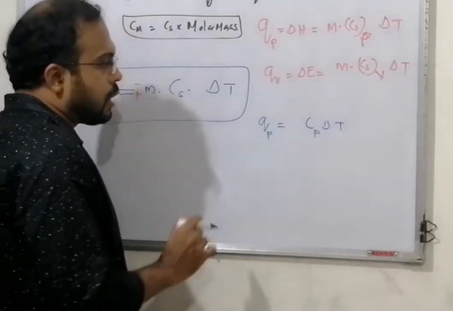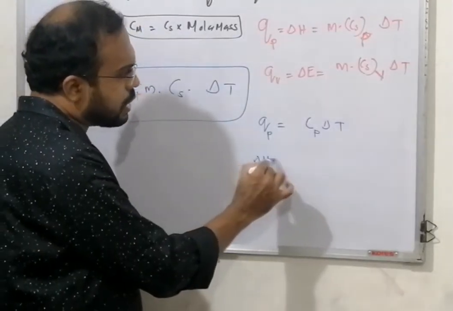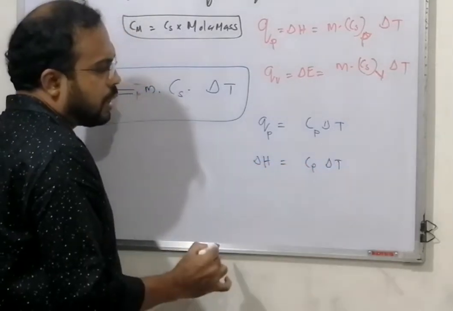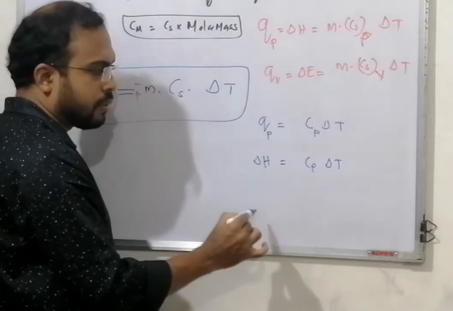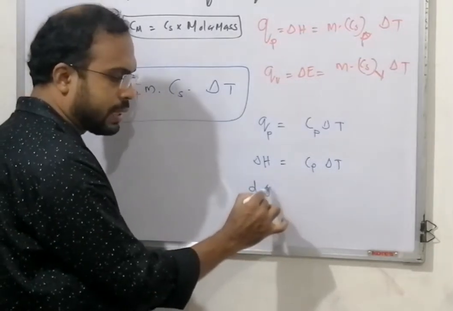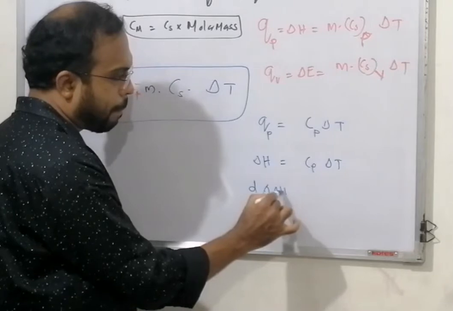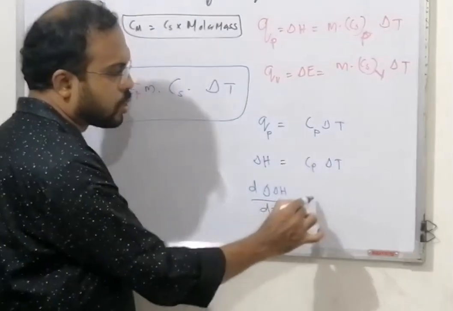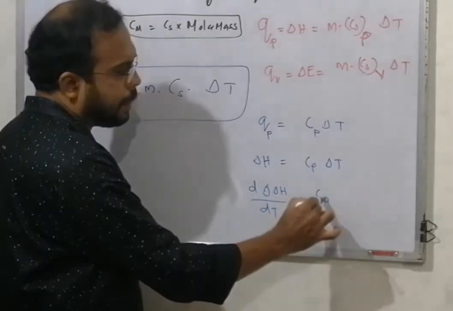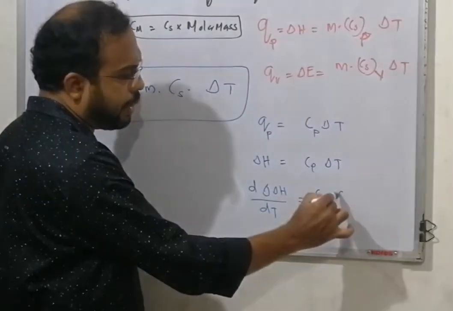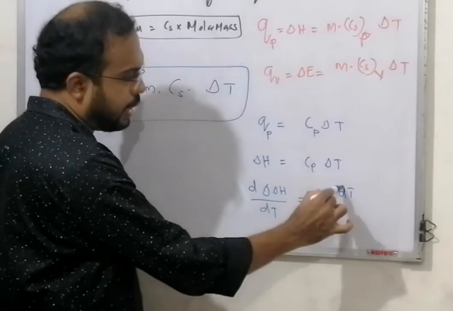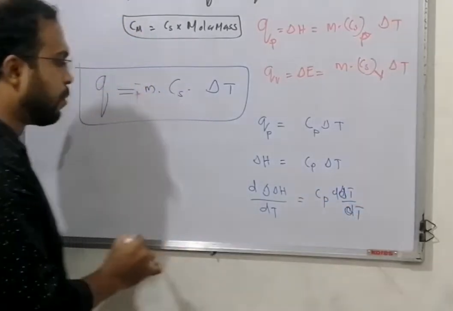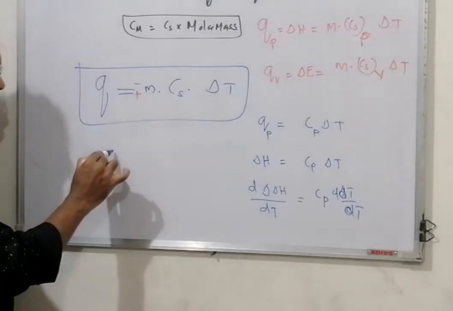Or it is delta H is equal to Cp delta T. Now again, suppose d delta H by dt is equal to Cp d delta T by dt, and d delta T by dt is 1. Therefore, this is very important.